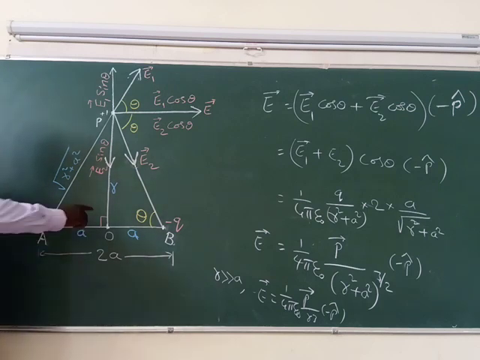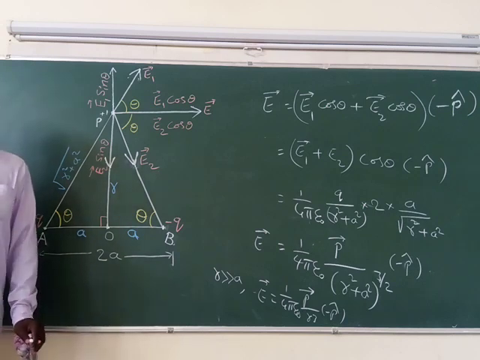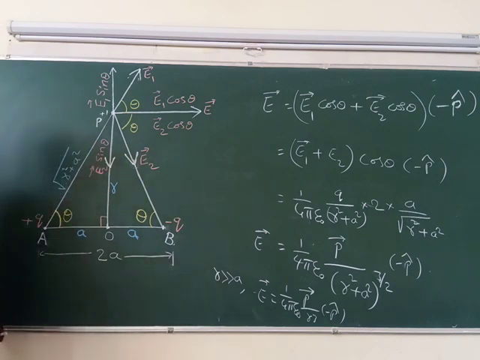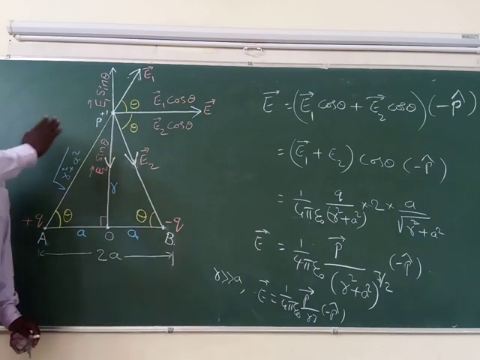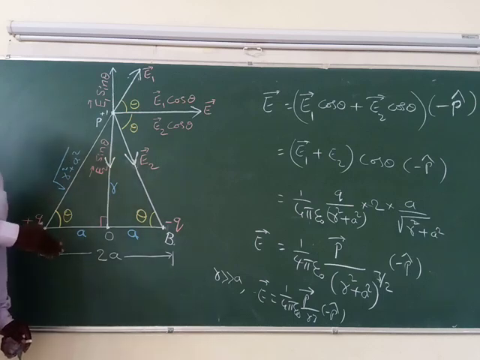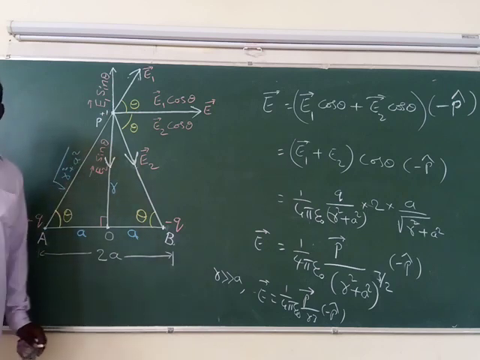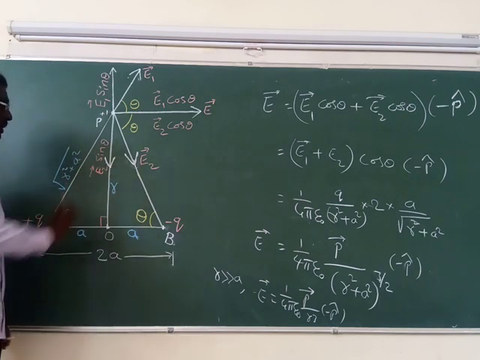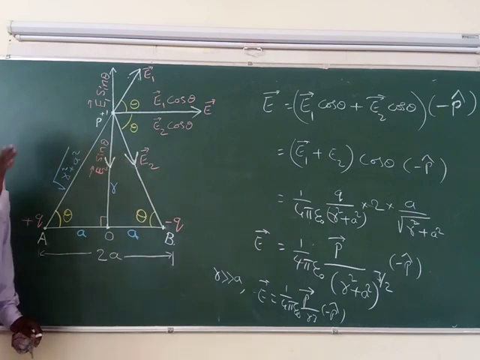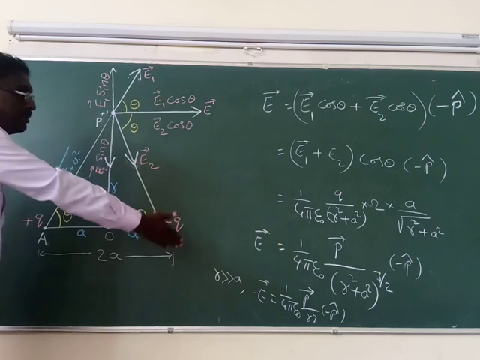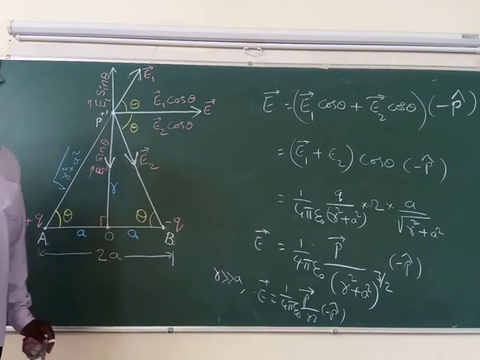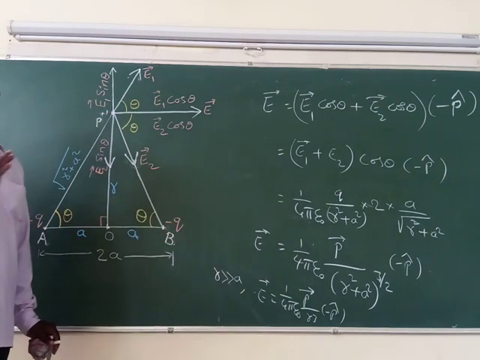Let O be the midpoint of the dipole length. Let OP be the equatorial line, and OP equal to r is the distance between O and P. Using the expression for electric intensity, we will derive this. Try to remember all the steps.